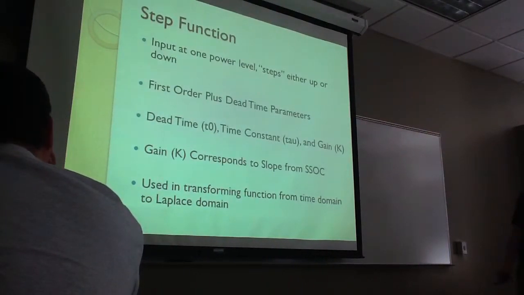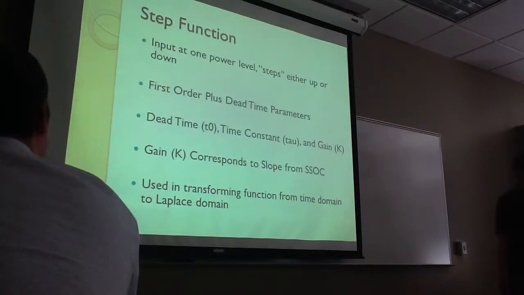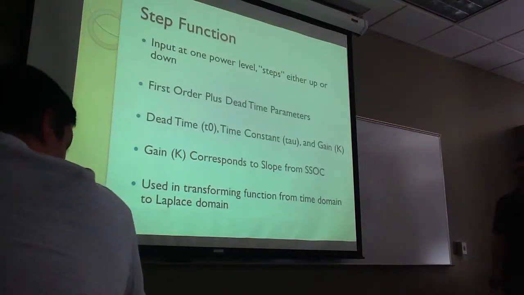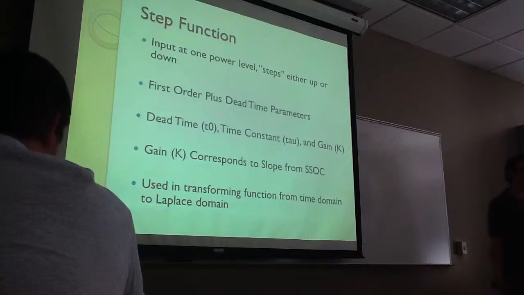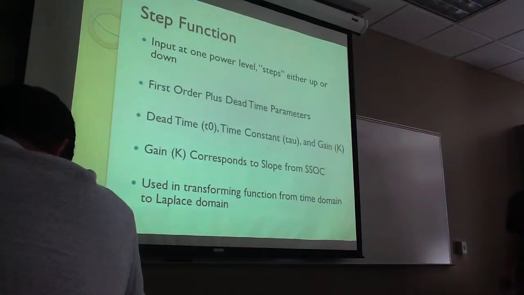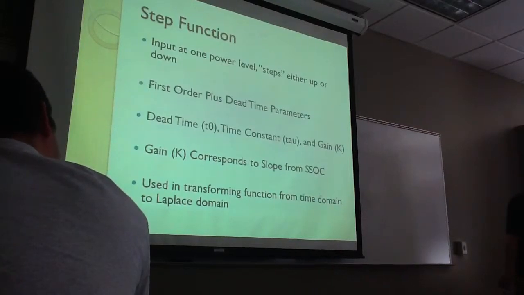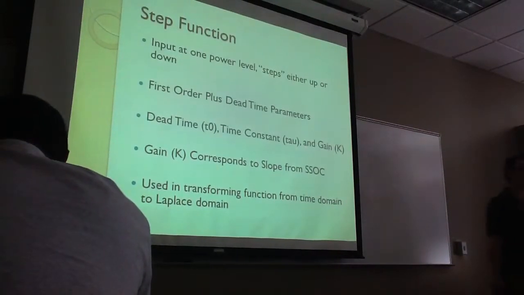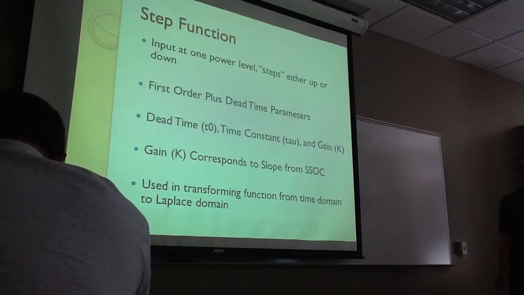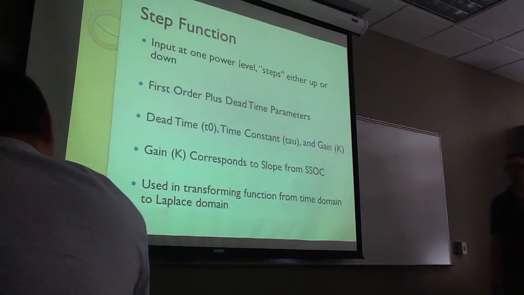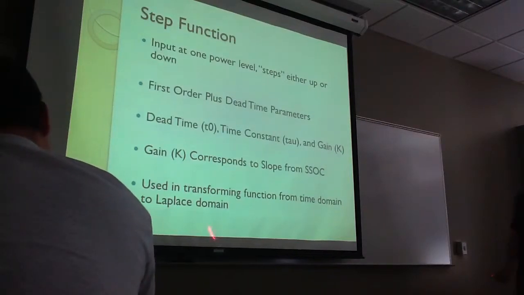And so the three parameters are the dead time, which is the time that the system takes to respond to an input; the time constant, which is the amount of time it would take for the system to get 63.2% to the next output; and then the gain, which is in units of output over input.